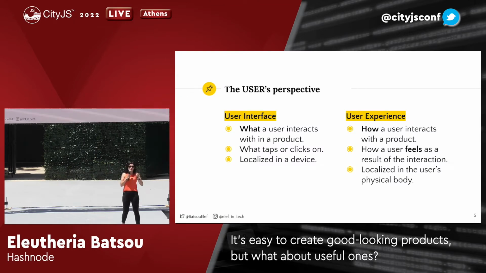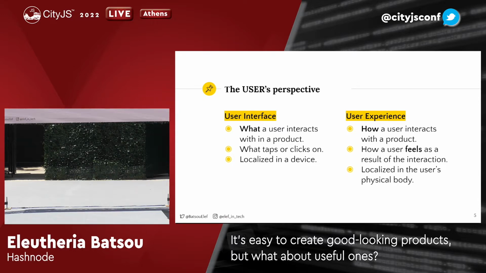I will start from the user's perspective because I think it's a little bit easier to understand, and then we will continue with the designer/programmer. All right, so from the user's perspective, user interface is what he or she interacts with in a product, and the whole experience is localized in a device.